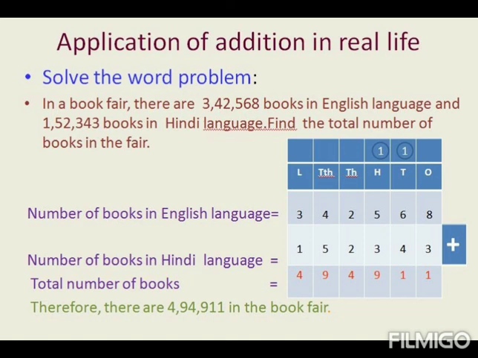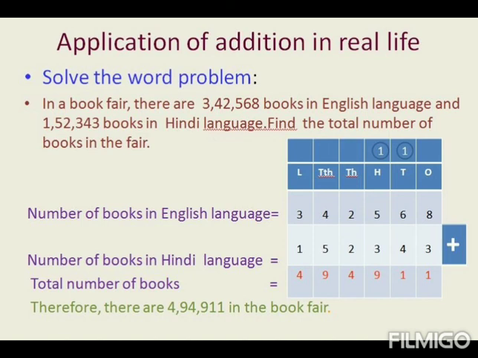Do this calculation in your notebook, children. Check whether you are getting the same answer or not. Don't forget to write the statement, mention the places, put the plus symbol and write the equal to sign for every statement. And here at last you will get the answer 4,94,911.